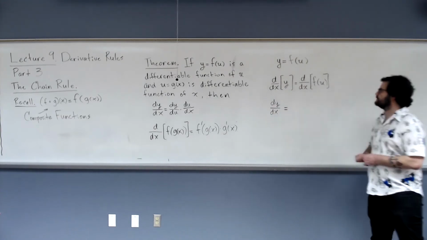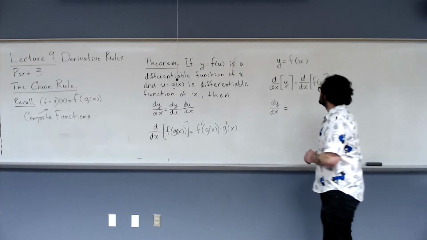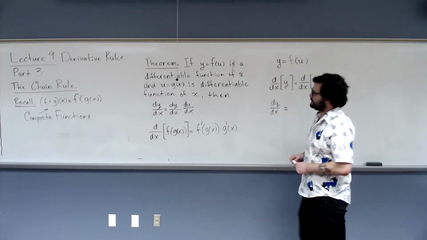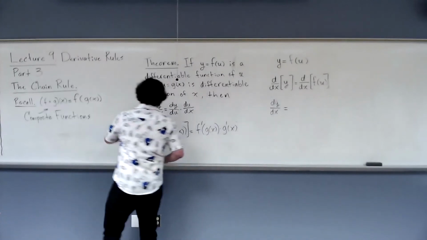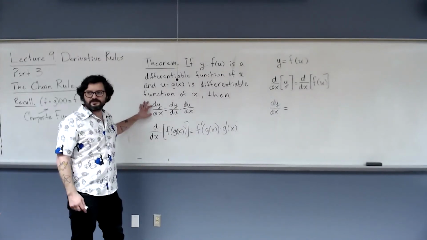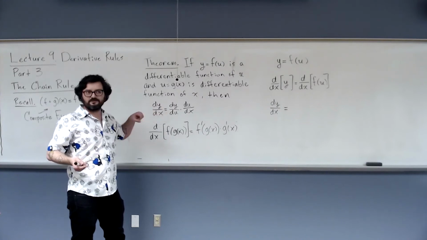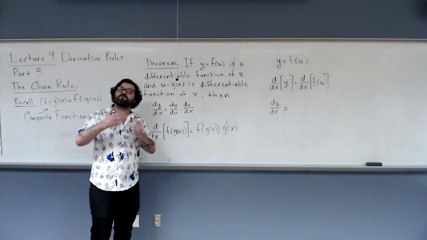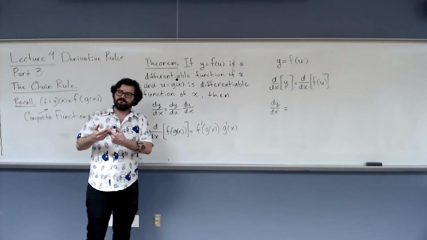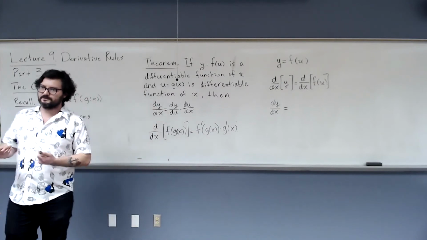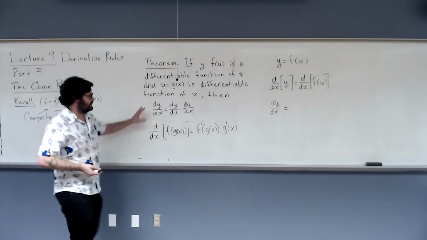Now, what this chain rule is saying is, derivative of y with respect to x. Notice how often I say that. Even when I didn't introduce another variable prior, I always said with respect to something. Derivative with respect to some variable. So that's what this notation indicates to me.